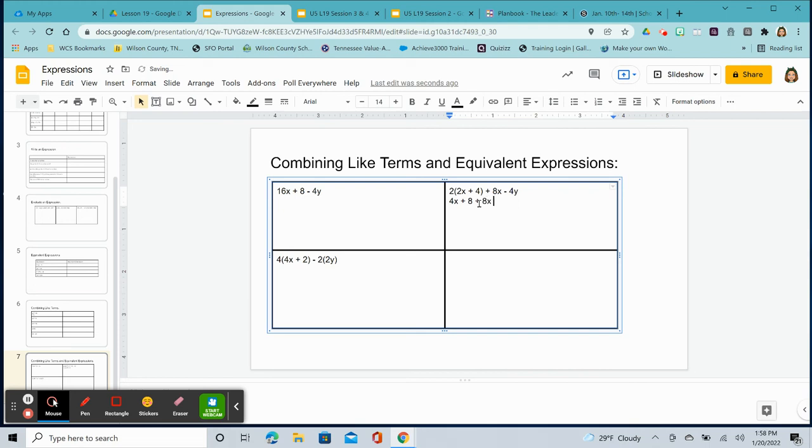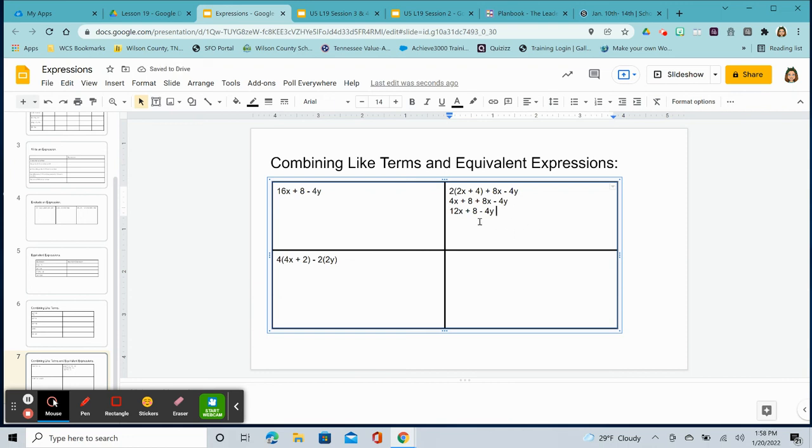8x minus 4y. Now we have some terms that are the same. We have two terms that have x. Well, we have 4x, and then we have a plus 8x. 4 plus 8 is 12, and that's a 12x. And then we leave the 8, minus 4y.